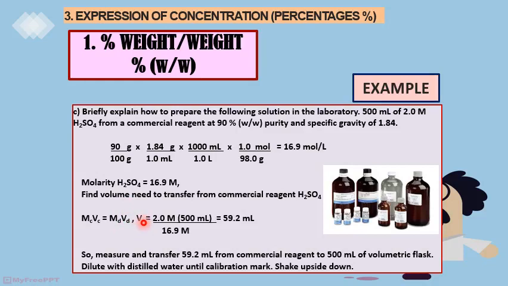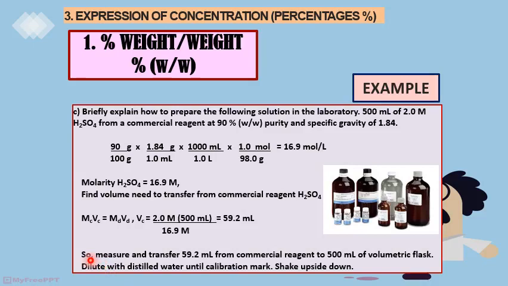So from the equation, you will get the volume of the concentrated acid that you want to take is 59.2 ml. So for the preparation, you must use sentences to explain the preparation.